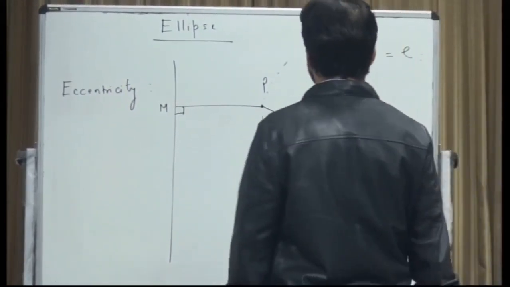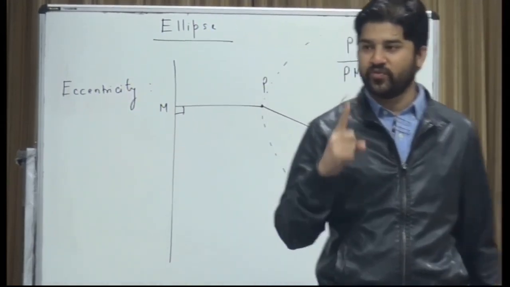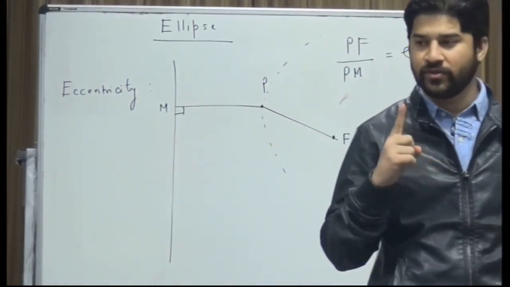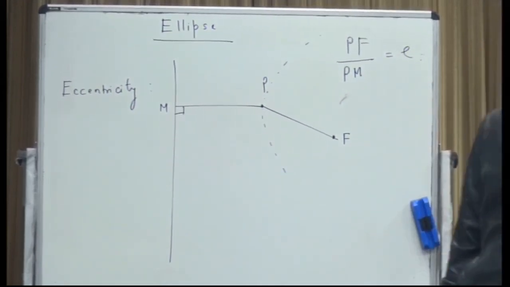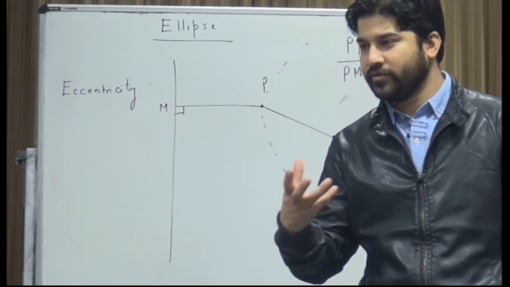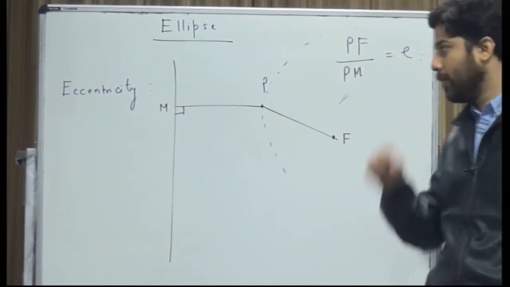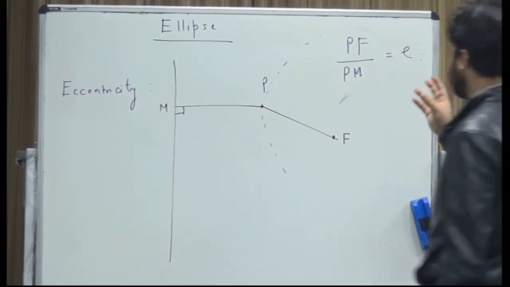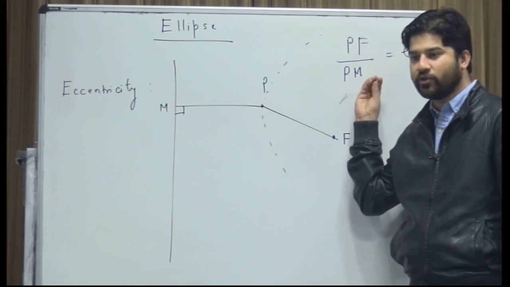Now, when the eccentricity is 1, the curve which you get is parabola. Now, what happens when the eccentricity is between 0 to 1?